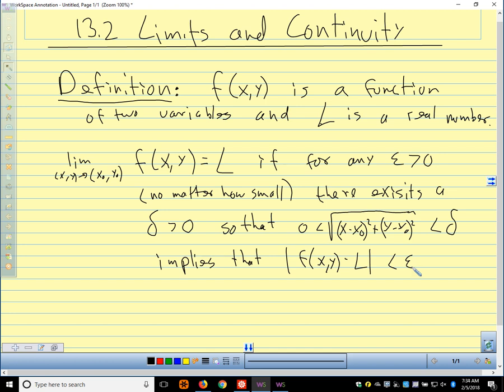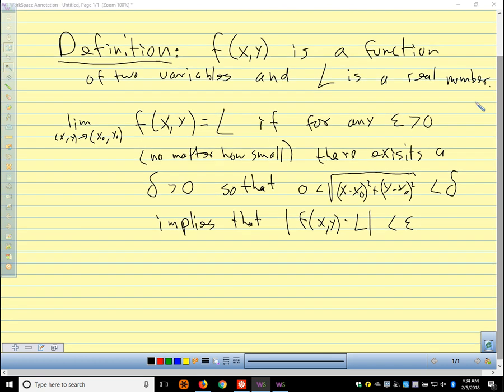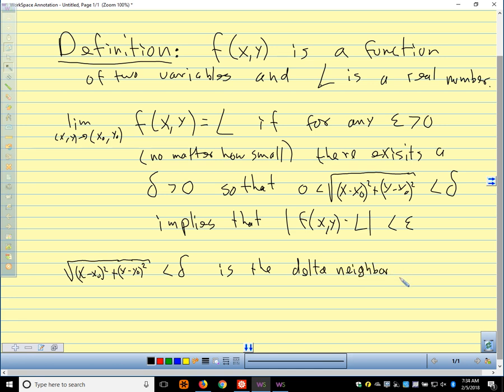I'm going to draw a picture here in just a second. We call the set where the square root of (x minus x0) squared plus (y minus y0) squared is less than delta the delta neighborhood about (x0, y0).